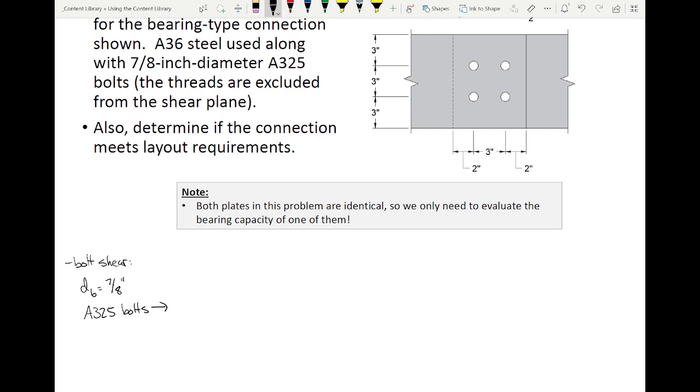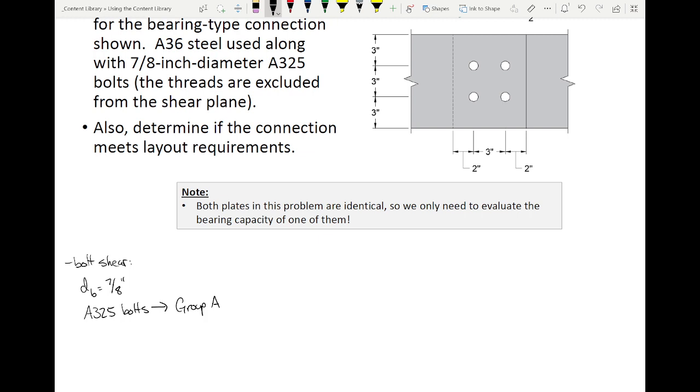What does the spec refer to that as? Group A. What would be Group B? There we go. All right.